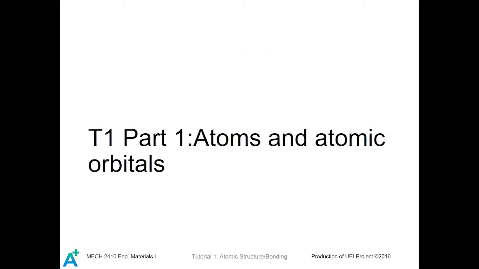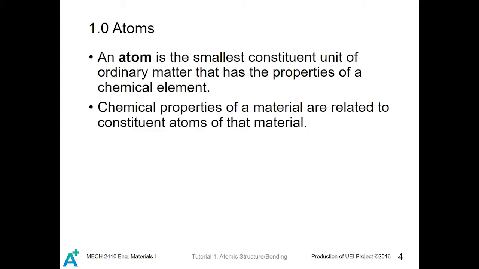Tutorial 1 Part 1: Atoms and Atomic Orbitals. An atom is the smallest constituent unit of ordinary matter that has the properties of a chemical element. Therefore, chemical properties of a material are closely related to the constituent atoms of that particular material.